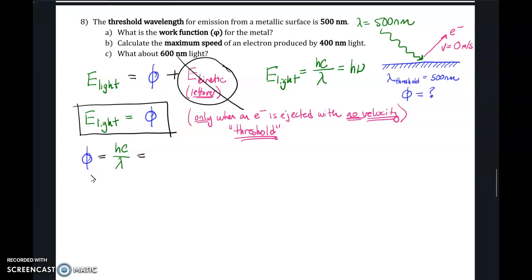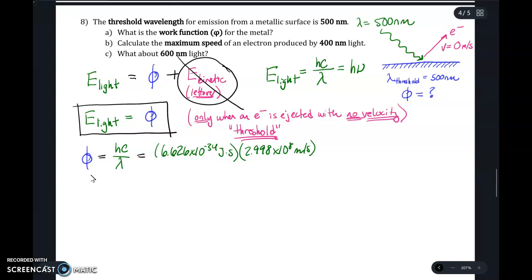Okay, so all I'm going to do here is put in my values. H is going to be 6.626 times 10 to the negative 34th joule seconds. C is going to be 2.998 times 10 to the 8th meters per second. And then on the bottom, we want to get 500 nanometers into meters. So don't forget my trick here.